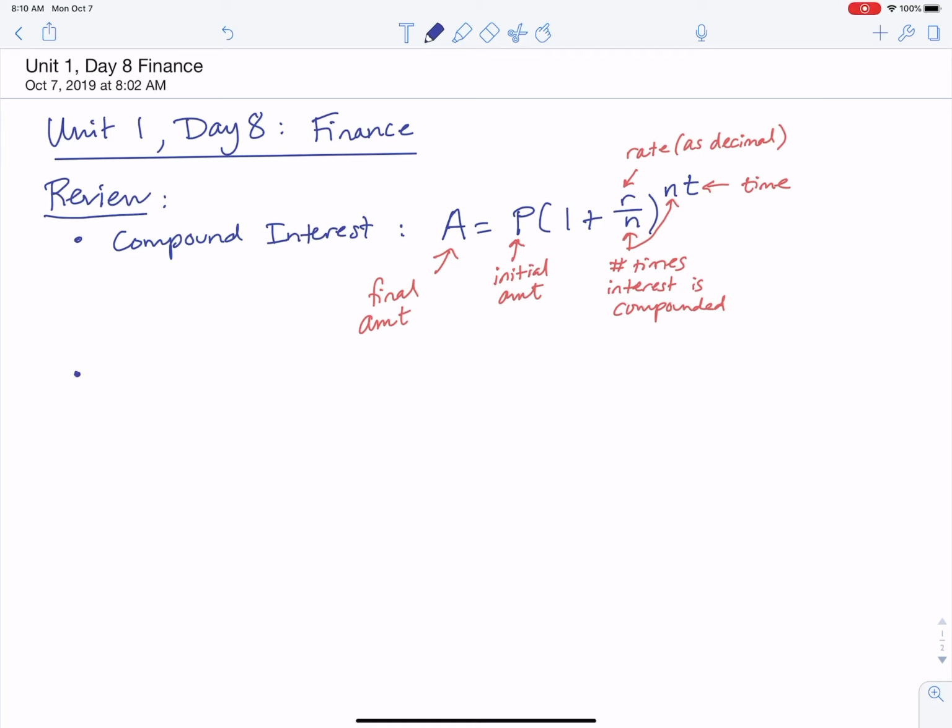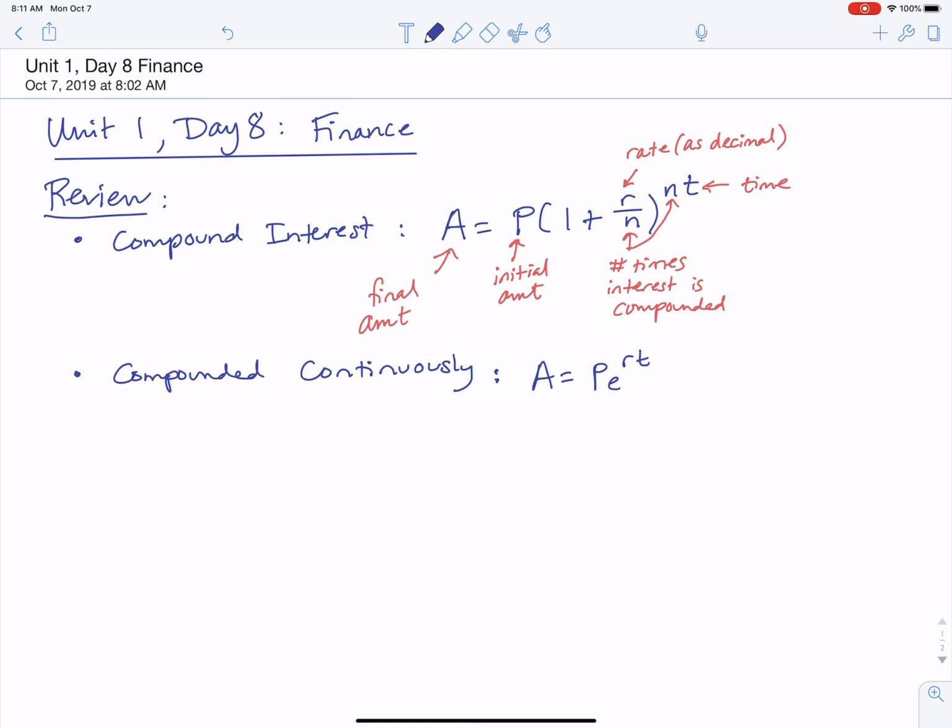Another one that you looked at last year was when interest is compounded continuously. So compounded continuously was A equals P e to the rt. Okay, and that should look like some other problems that we've looked at.